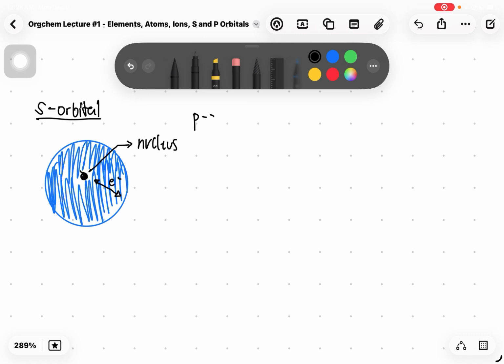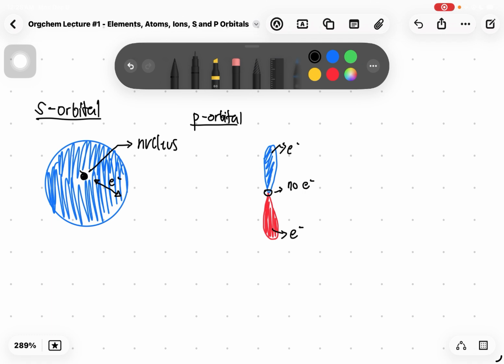Now, for our p orbital, it gets a bit more complex. Usually, this is what it would look like. So it has a dumbbell shape. And these dumbbells are where we can find our electrons. And in the center, there is no electron density.